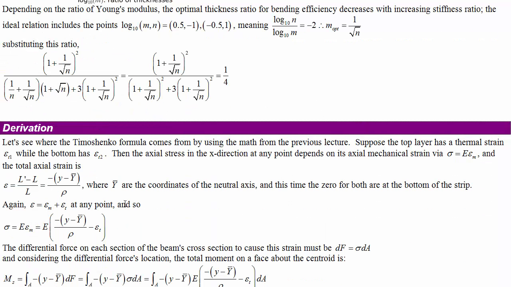All right, so where did this Timoshenko formula come from? We can use the same derivation that we used last time, where we write the stress in terms of the strain, but this time differentiating between mechanical strain and physical strain.